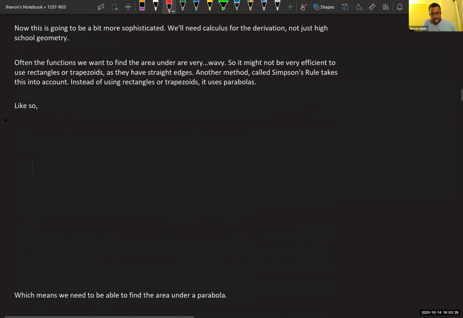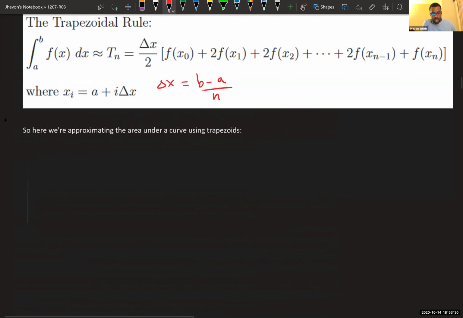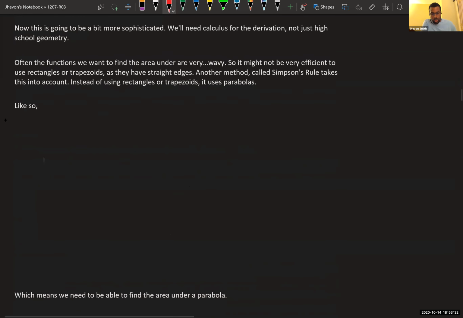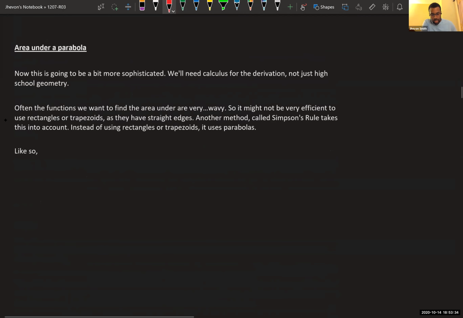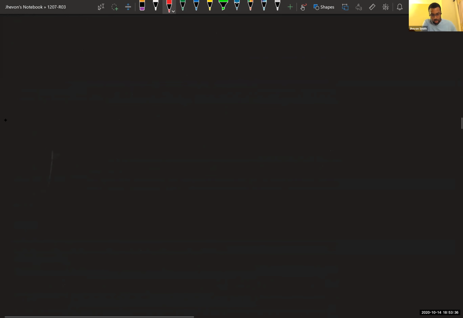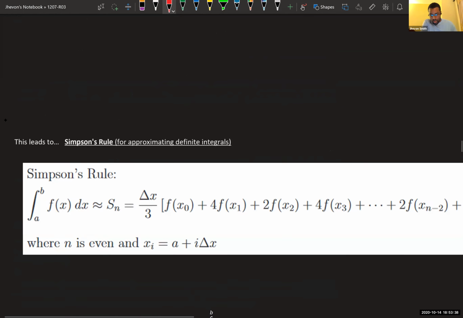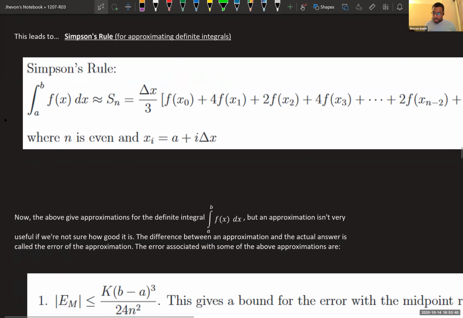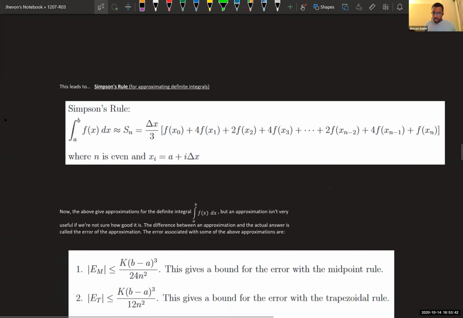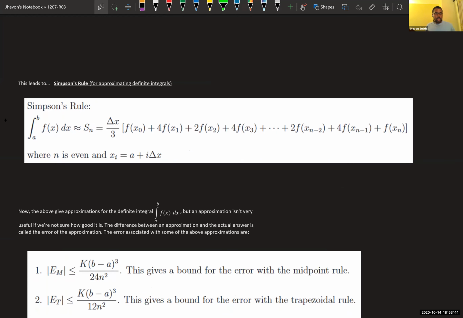There's also the idea of using parabolas, which are nice in some cases. This leads to Simpson's rule, which I'll derive for you tomorrow, and this leads to this formula, which I'll talk about a bit tomorrow as well. I just wanted to introduce the idea that we can use other ways to approximate areas under curves.